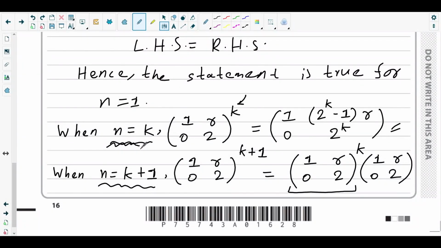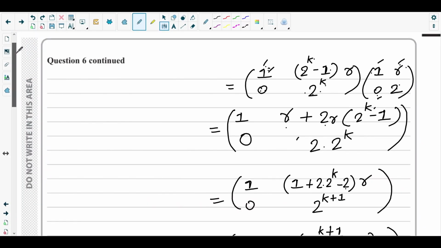We didn't substitute n equals k plus 1 directly on the right hand side of the statement. We have used the expression for n equals k to approach the expression for n equals k plus 1.